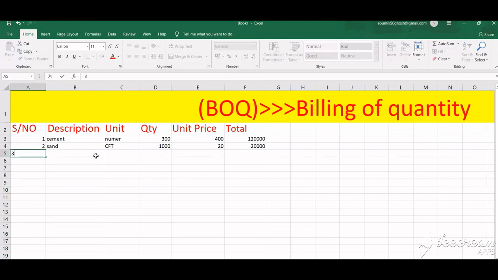Serial number 3. I put in description aggregate. This is CFT. Quantity is 2000.